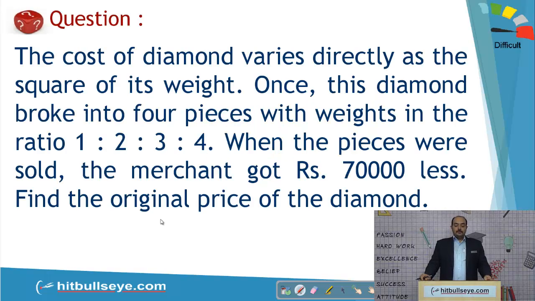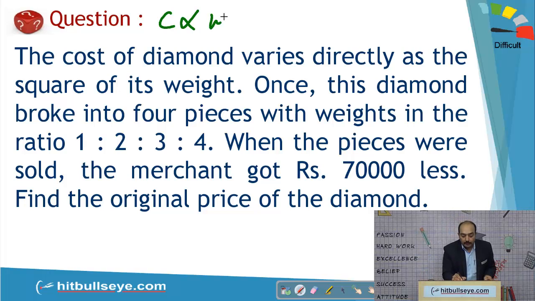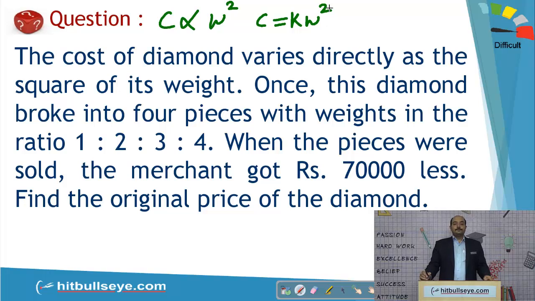The cost of a diamond varies directly as the square of its weight. So we can see the cost varies directly as the square of the weight. We can write this, cost is proportional to w square, or we can write this as cost equals k w square.